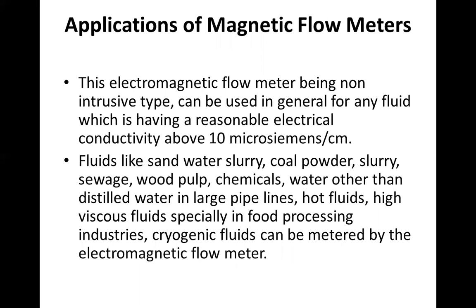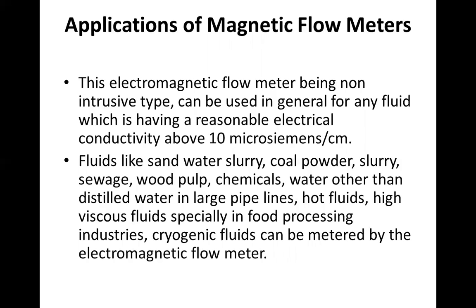Applications of magnetic flow meters. This electromagnetic flow meter, being a non-intrusive type, can be used in general for any fluid which has a reasonable electrical conductivity above 10 microsiemens per centimeter.